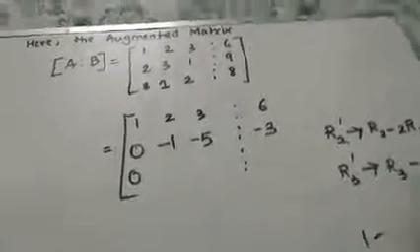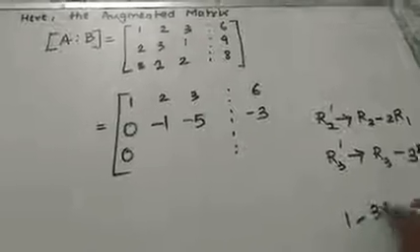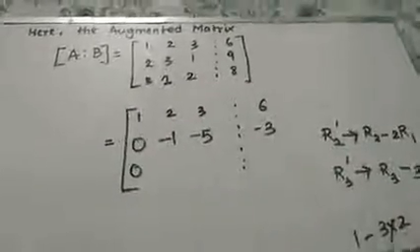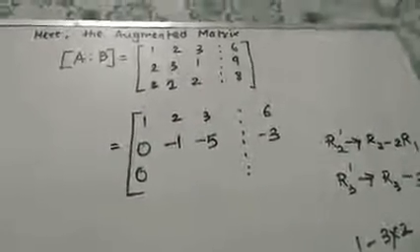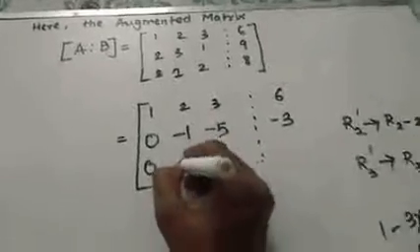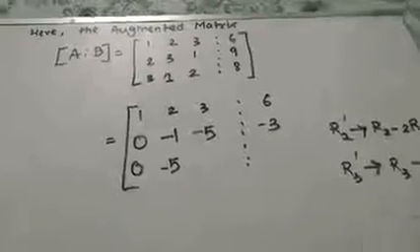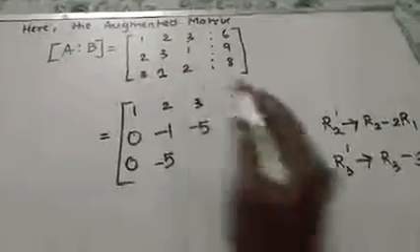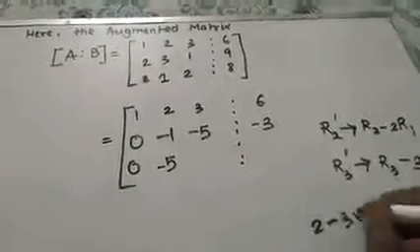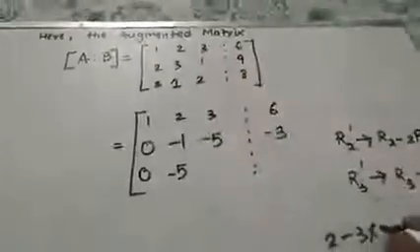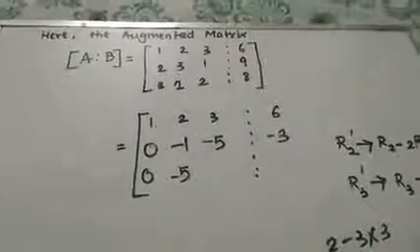R3, 1 minus 3 into R1. R1 is 2. 1 minus 6, minus 5. Okay, now for the next one, 2 minus 3 into R1. R1 is 3. 2 minus 9, minus 7.